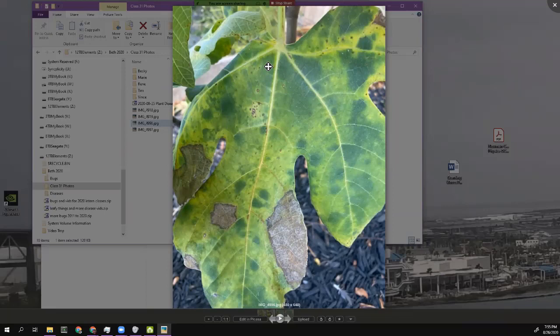And then cultural practices. What can I do for an ounce of prevention? And in this case, you know, it's cleaning up down here. It's making sure the environment isn't too wet or too dry, making sure it has proper airflow. And then mechanical stuff, just taking this leaf off.